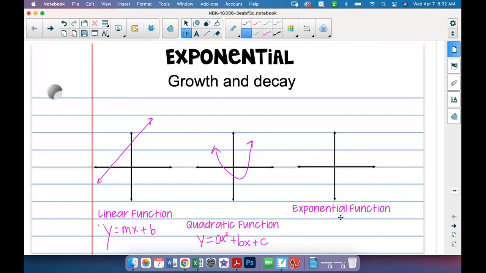And then you have the exponential function. This is when y equals ab to the x power.